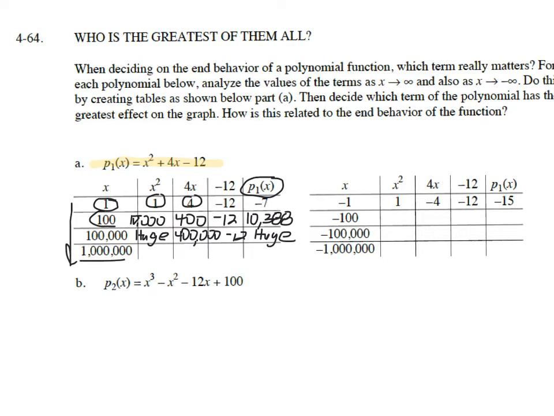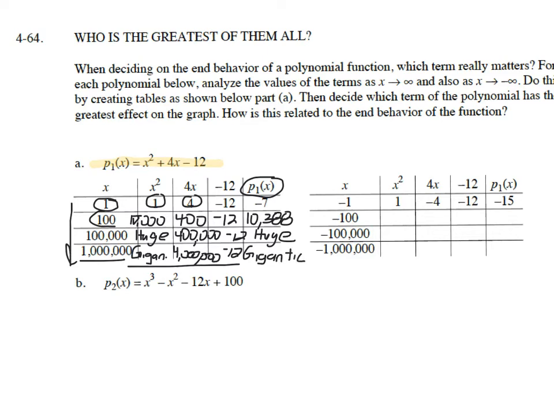If I take 1 million and I square it, I'm going to get a gigantic number. And 1 million times 4 is going to give me 4 million. My constant's negative 12. If I add up all of those, I get a gigantic number.